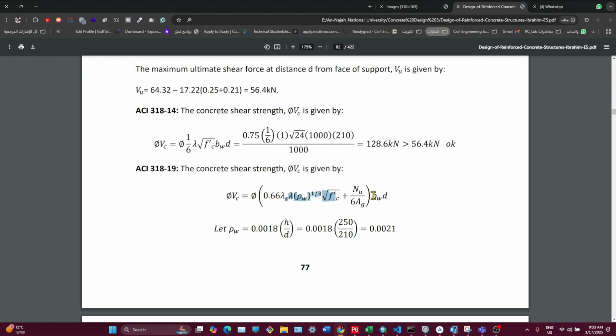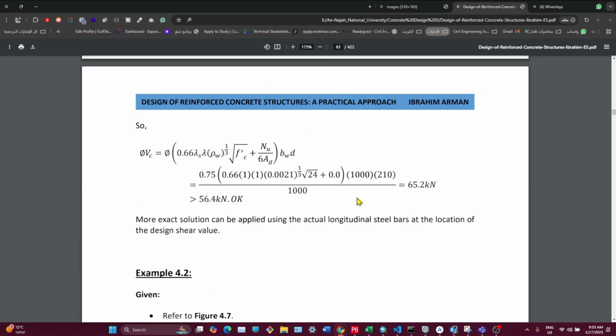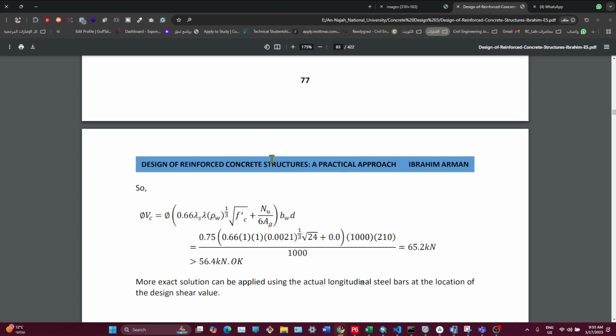And it also changed in the equation that may affect the result. Maybe the section needs to have the shear reinforcement, okay? And in this case, the more exact solution can be applied using the actual non-contiguous steel. Again, we substitute a ratio because we don't have the flexural reinforcement.